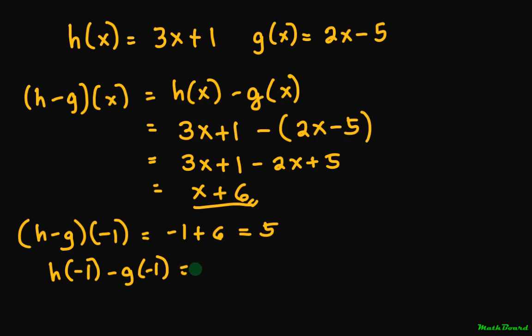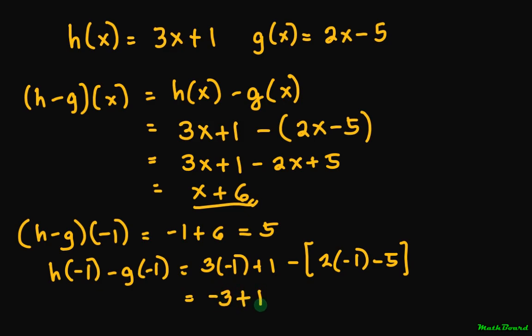So h of negative 1, that is 3 times negative 1 plus 1 minus 2 times negative 1 minus 5. 3 times negative 1 is negative 3 plus 1 minus 2 times negative 1 is negative 2 plus 5. And that is negative 3 plus 1, negative 2 minus negative 2 plus 5, negative 2 plus 5, that's 3.